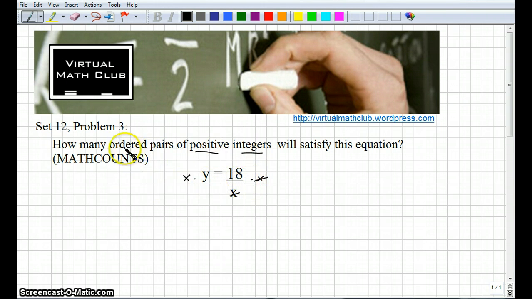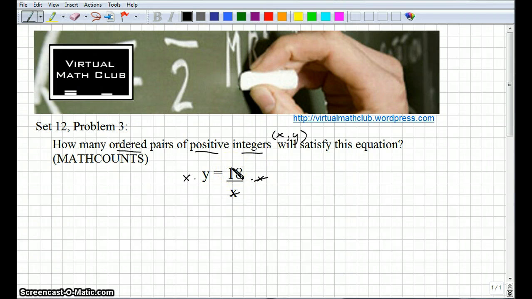We're asked how many ordered pairs of positive integers, ordered pairs xy. Once you multiply both sides by x, we're looking for x times y, where x and y are positive integers, and that has to equal 18.